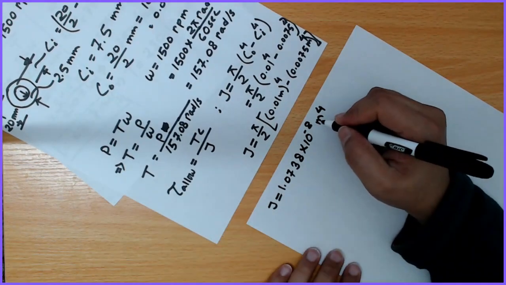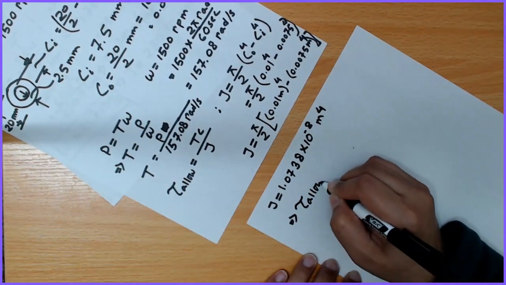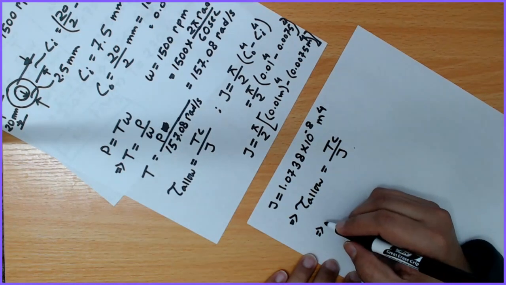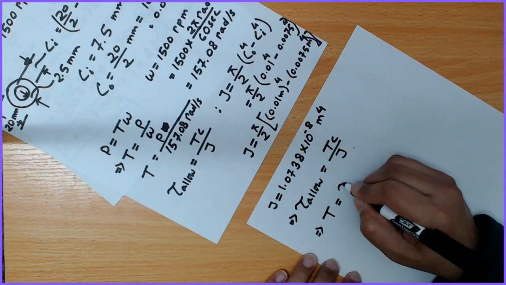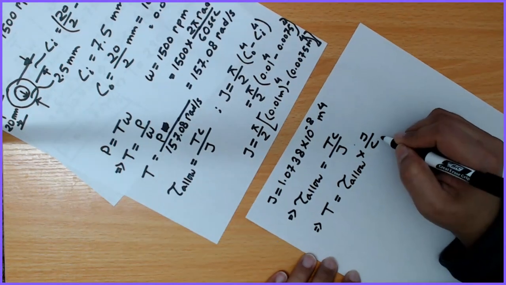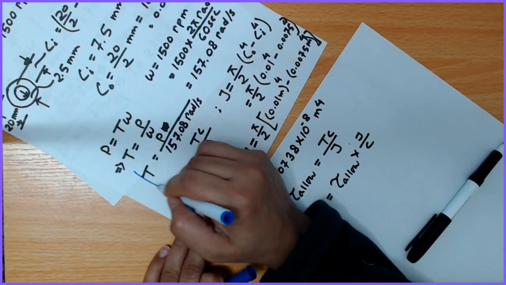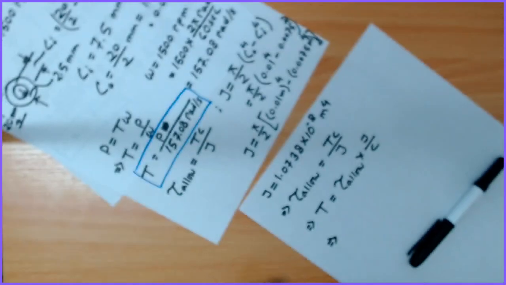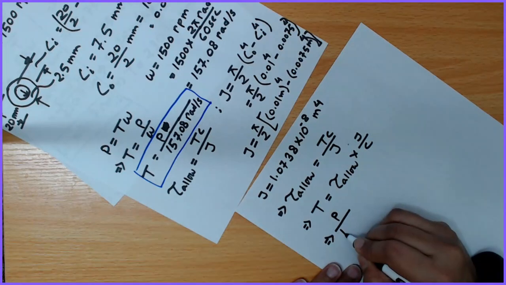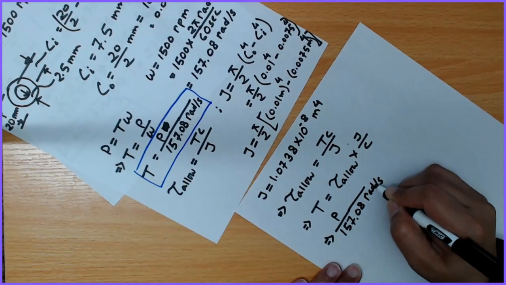So this is the value of J. Now as we know that tau allow is equal to TC by J, we can write T equal to tau allow multiplied by J over C. From here we know T is equal to P by 157.08, so we substitute T with P by 157.08 radian per second.